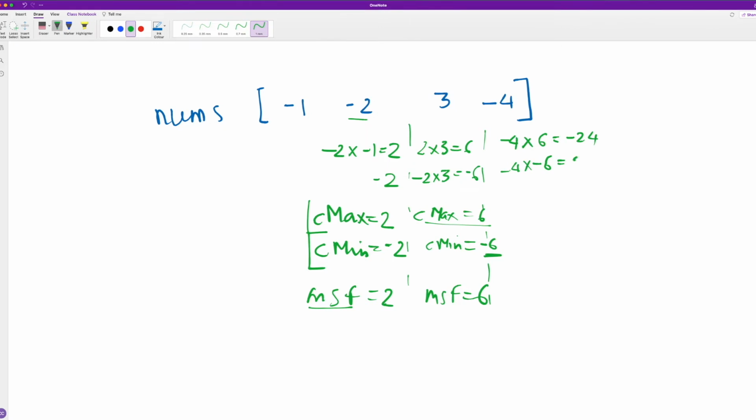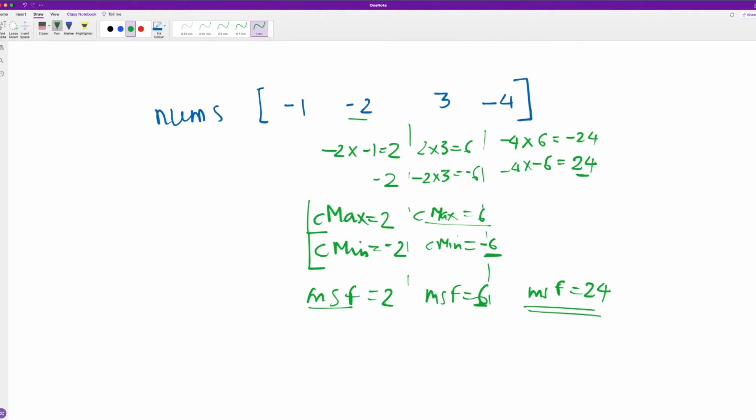Okay, so that gives us 24. Now if you compare 6 and 24, 24 is larger of the two, so we'll say max so far equal to 24, and this is our return value.